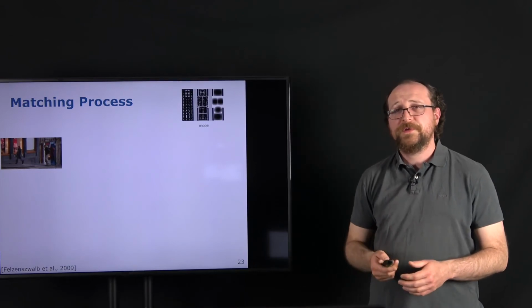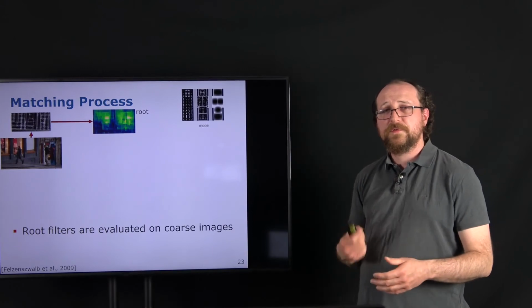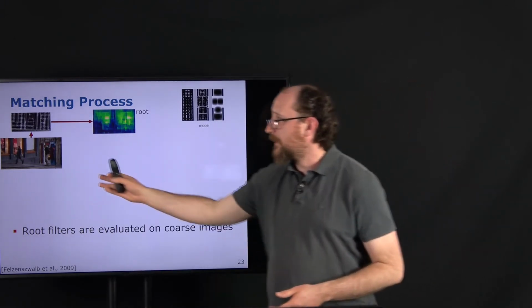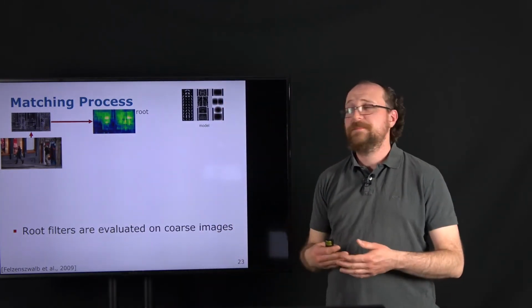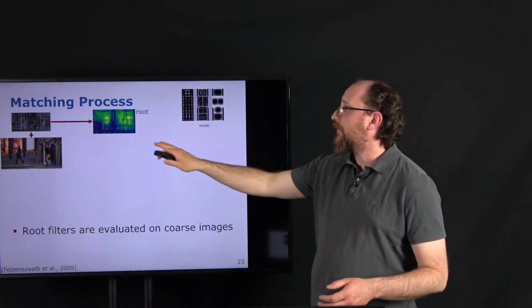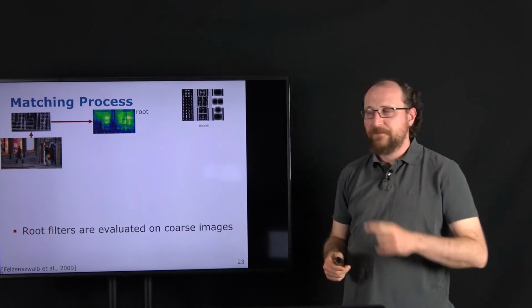And this was then exploited in the matching process. The root filters are evaluated on coarse images. So as shown here, you get a downsampled image, and on this you apply the root filter, sliding it over it, and then you get this response map for the root filter.